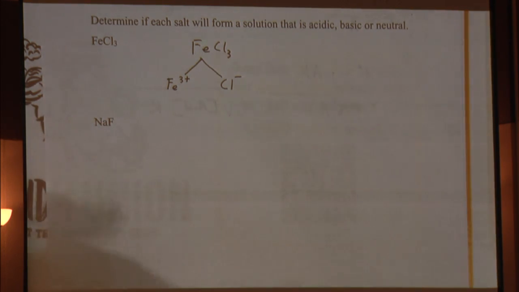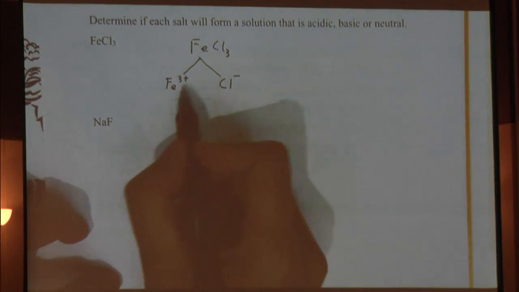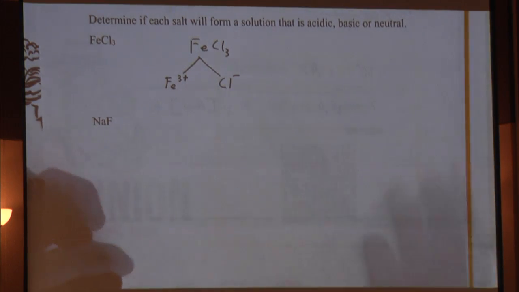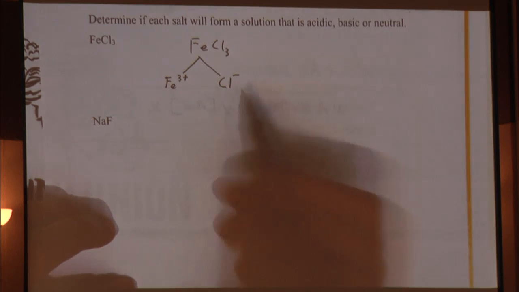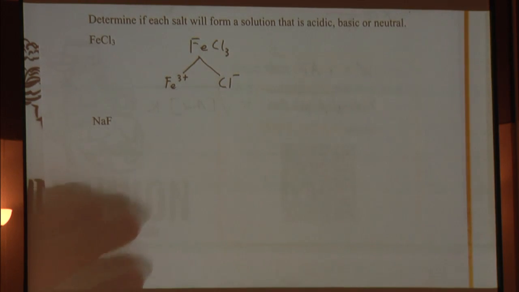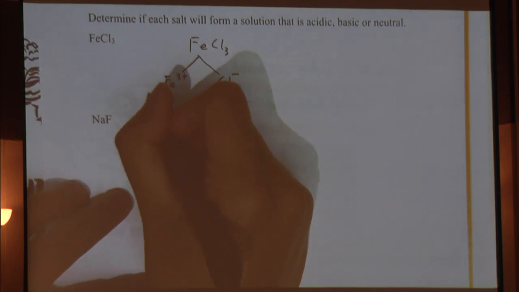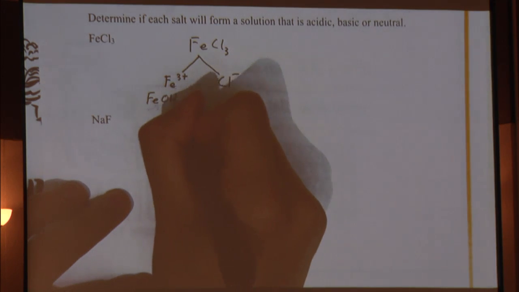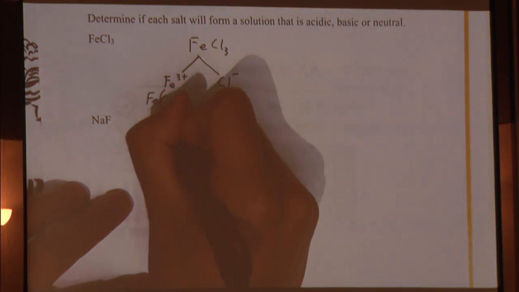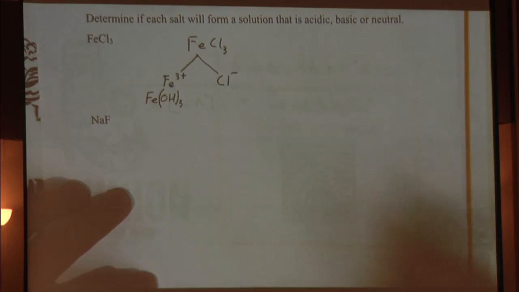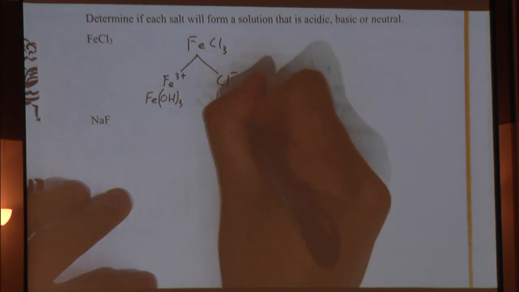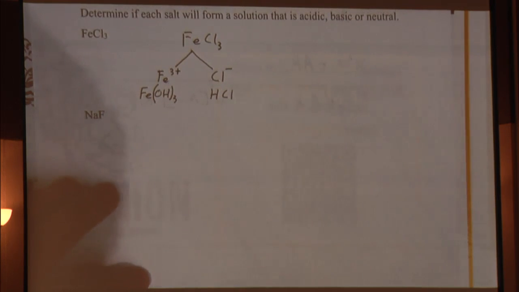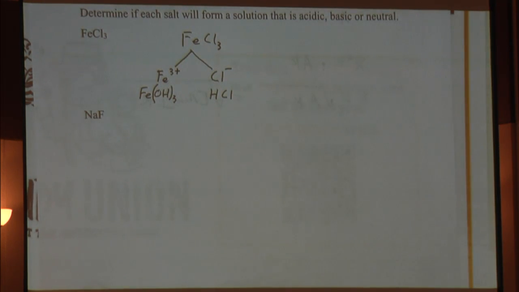So now we write the corresponding acids and bases to these two species. So we get here FeOH3, and we get HCl.